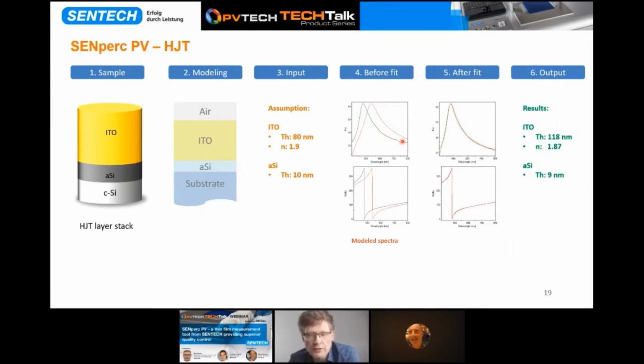We get the calculated spectra. Of course, we expect to have a slight mismatch between measured and modeled curves, but the fit procedure now removes this deviation again, obtaining a perfect fit, leading to the results for film thickness and refractive index for the ITO film. So the ITO film became much thicker than expected, while the amorphous silicon is well in the expected range with 9 nanometers in relation to 10 nanometers.